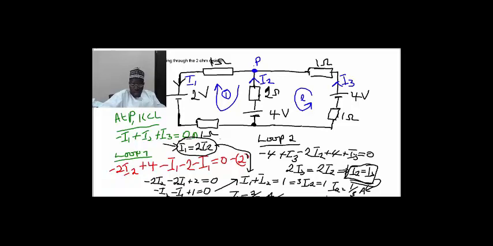I2 is 1/3 ampere, I1 is 2/3 ampere, and I3 equals I2, so it's 1/3 ampere. Therefore the current through the 2 ohm resistor, which is I2, is 1/3 ampere.